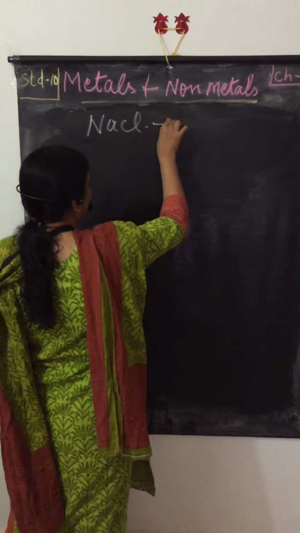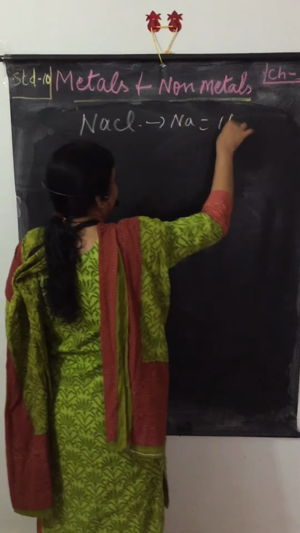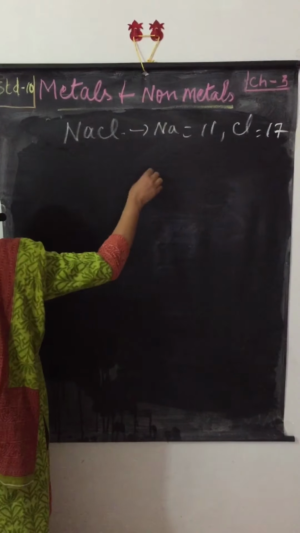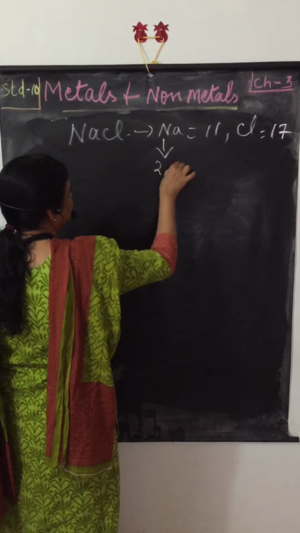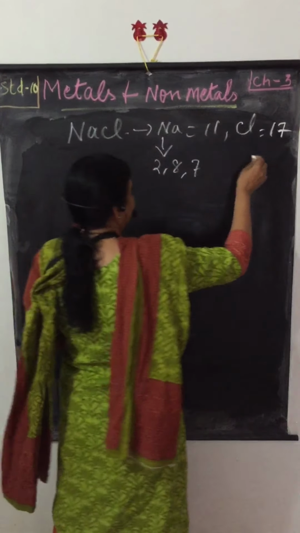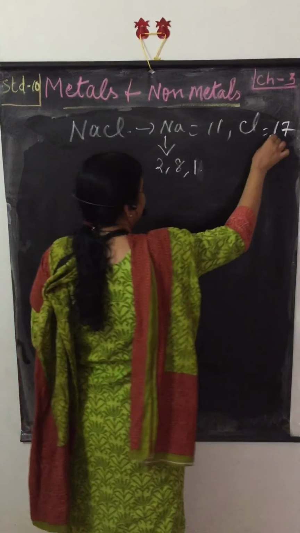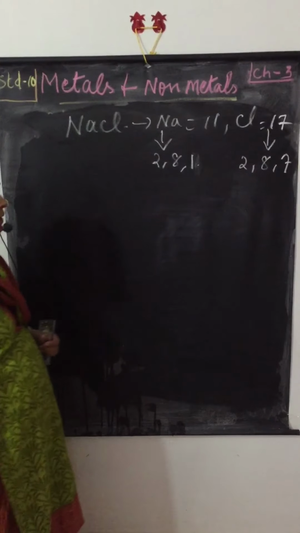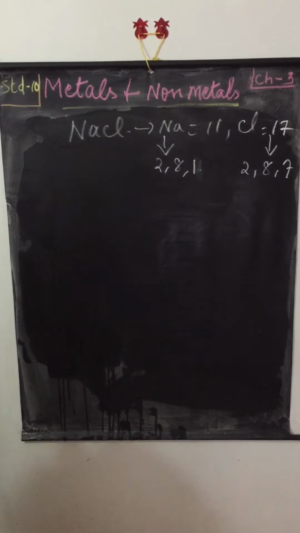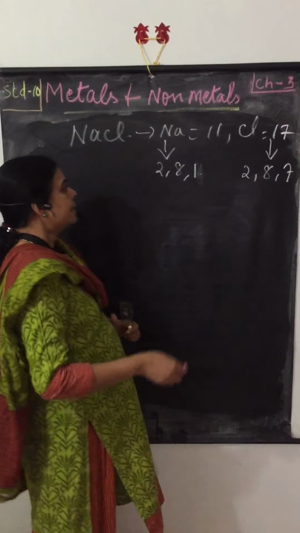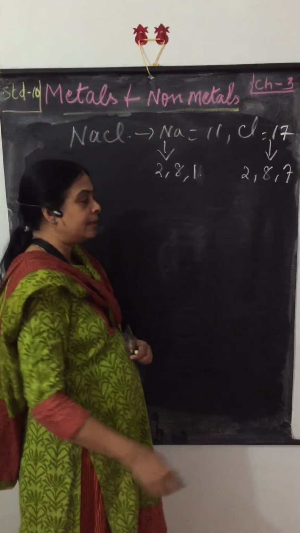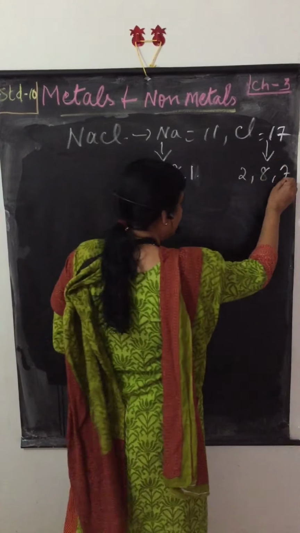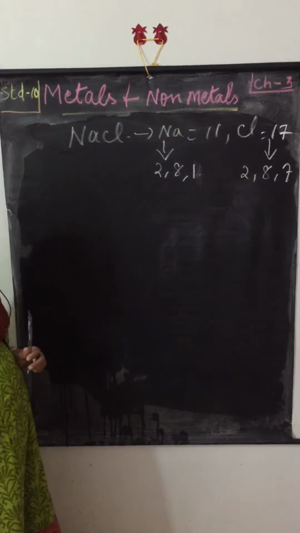The atomic number of sodium is 11 and chlorine is 17. The electronic configuration of sodium is 2, 8, 1 and chlorine is 2, 8, 7. Here one electron is present in the outermost orbit of sodium and one electron is deficient in the outermost orbit of chlorine.